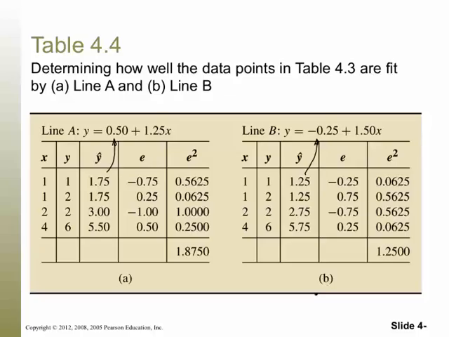So which line does a better job modeling the trend of the data? Which line, A or B, does a better job modeling the trend of those points? B, lower sum of squares, right? We want the least sum of squares.